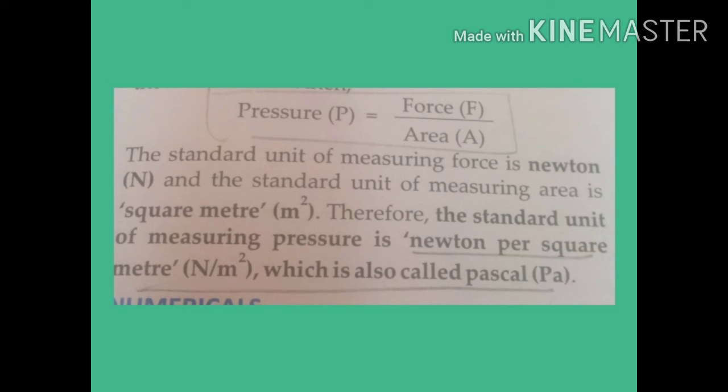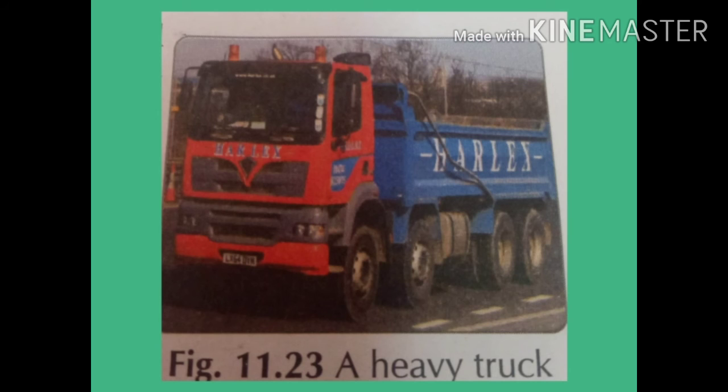Here you can see, if P is the pressure, F is the force, and A is the area of contact, then P is equal to F upon A. The standard unit of measuring force is Newton, and the standard unit of measuring area is square meter. Therefore, the standard unit of measuring pressure is Newton per square meter, also known as Pascal, which is denoted by Pa.